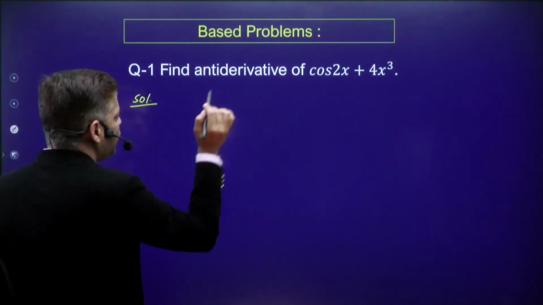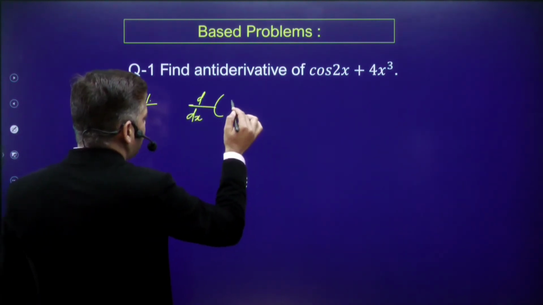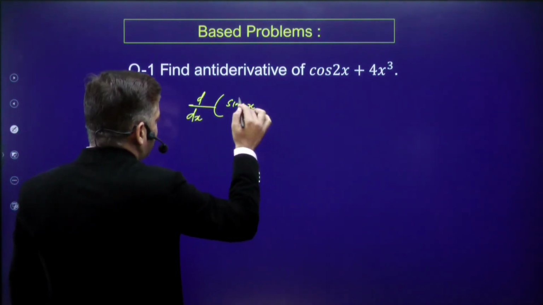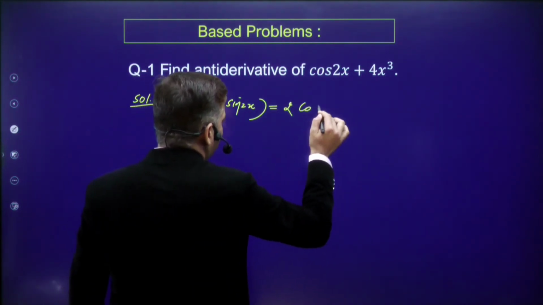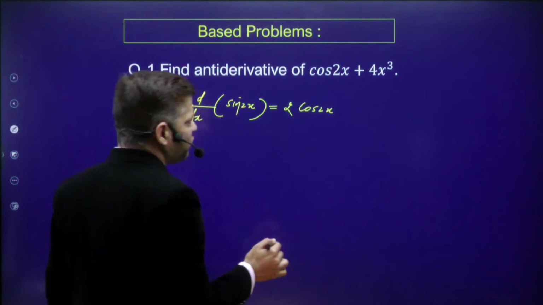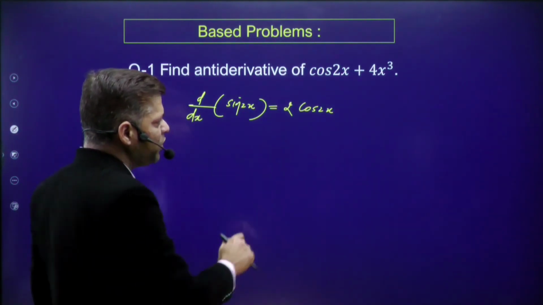Firstly, we know that differentiation of sin 2x will be equal to twice cos 2x. So we got the function cos 2x, but 2 is also multiplying.